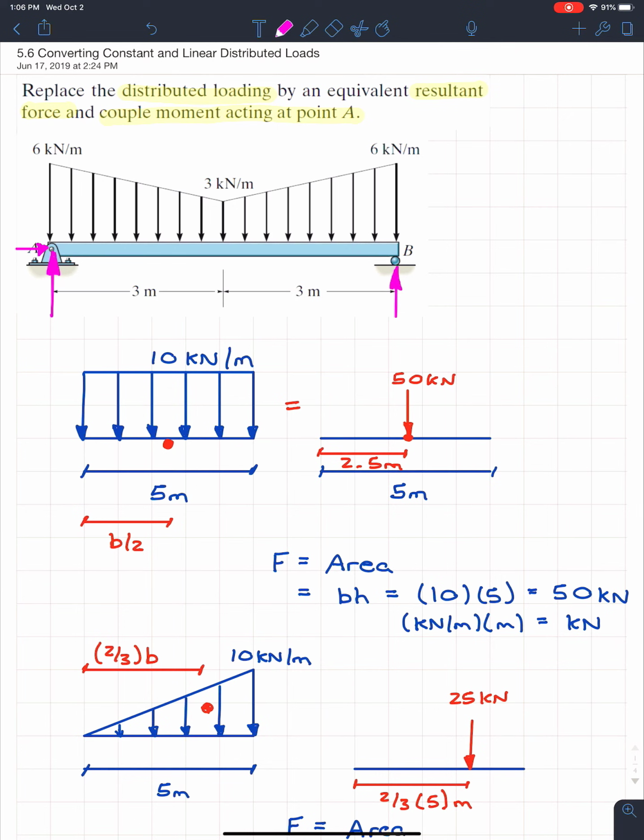If I were to sum the moments about A, I'm just going to call this AY, and this one will be BY. If I were to sum the moments at A, we know that AY is going to be 0 because it acts right at the moment point. The distance is 0. However, BY will create a moment.